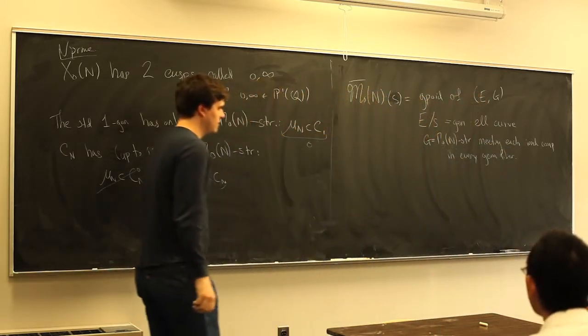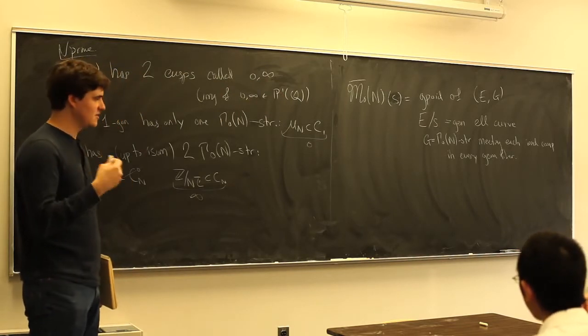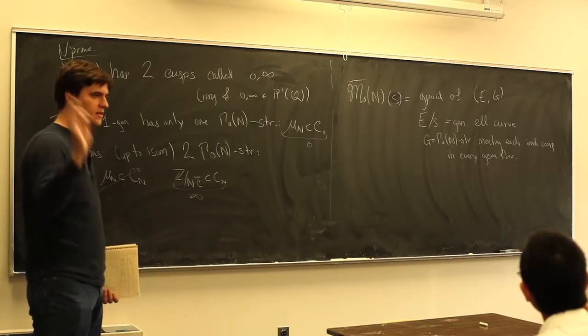And that condition may look a little funny, but if you think about it, that is equivalent to saying that the divisor defined by G is ample. It means you have enough points to embed this curve.